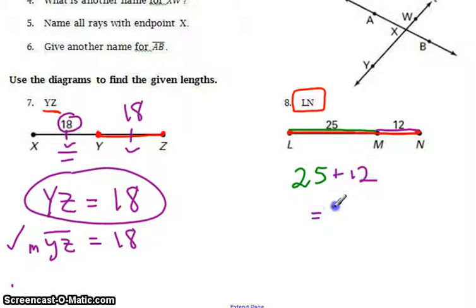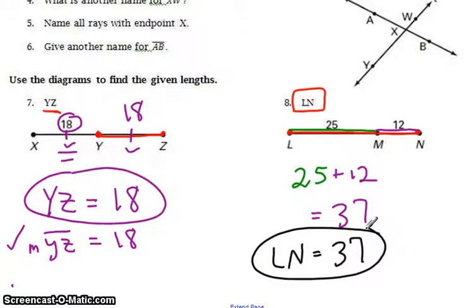So 25 plus 12 is 37. So your answer is the distance between L and N is 37 units, whatever those are. This doesn't give us any units, but if it's centimeters, we put centimeters, yards, we put yards. Okay, so those two are done.